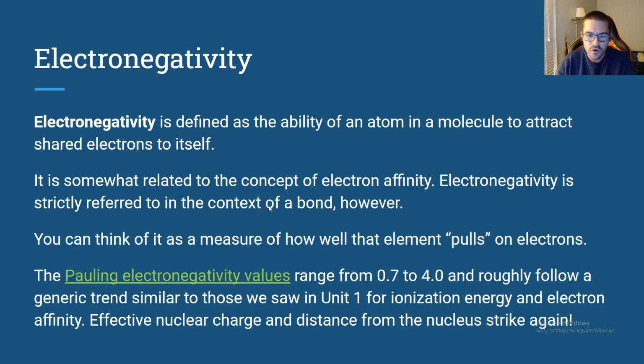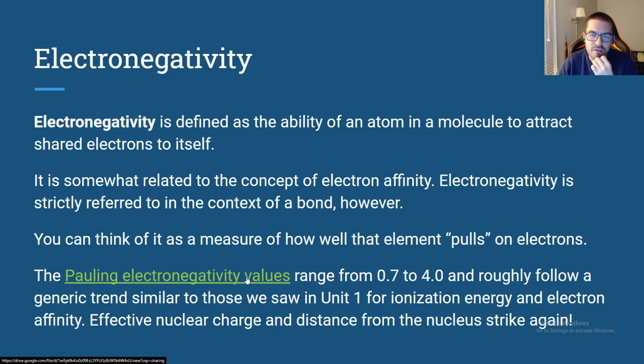So you could talk about the electron affinity of some single atom, but you wouldn't talk about electronegativity of a single atom. You would only talk about electronegativity when you have two or more atoms engaged in some sort of bond, because it's the ability of an atom in a molecule to attract shared electrons to itself, shared between two different atoms.